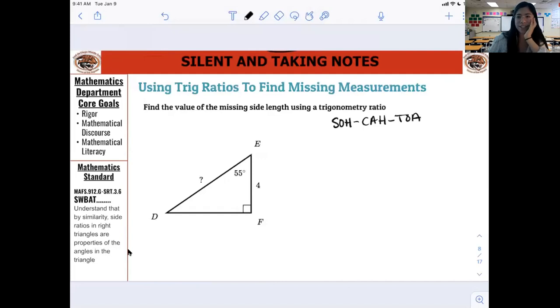It's a little trickier, isn't it? I'm going to give you guys about 30 more seconds. This one is a little more tricky. I want to see if anyone can get it.